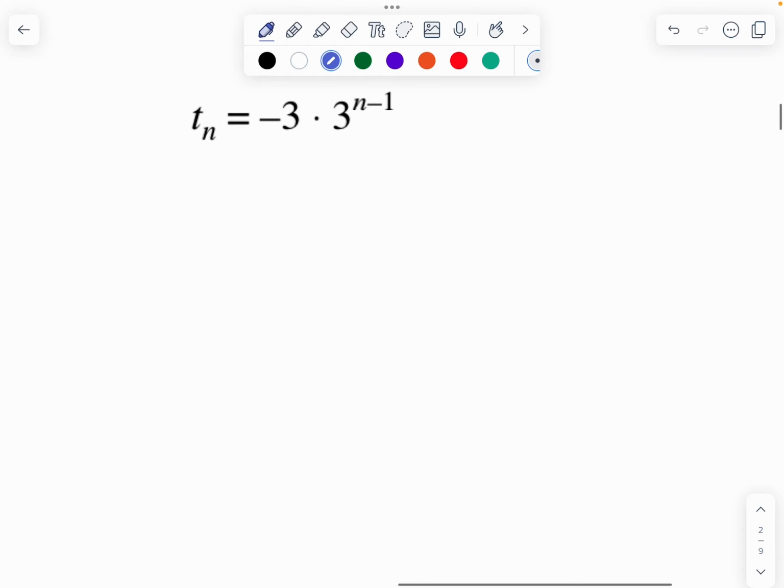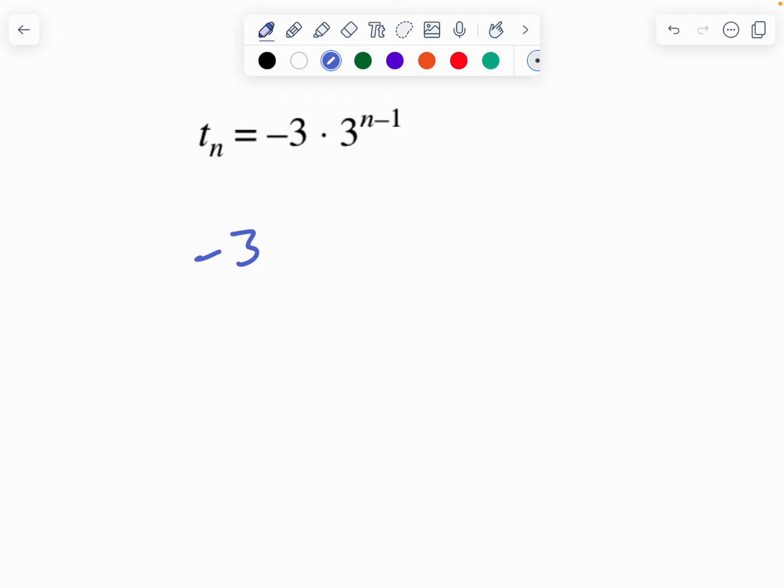The next one, all it's doing here is multiplying by -3 each time. If you plug in term 1, so if you plug 1 into n, 1 minus 1 is 0. 3 to the 0th power is 1. -3 times 1 is -3.